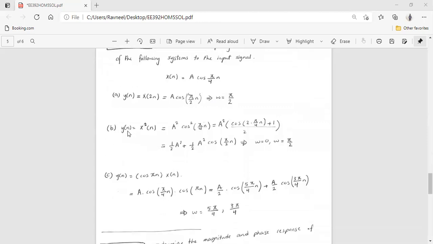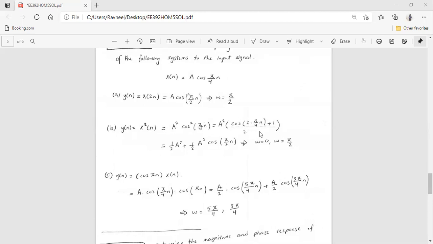For B, y of n is equal to x squared of n. So basically we need to take x of n squared. We get something like this, and we can further simplify cos squared pi upon 4n using the double angle formula, right? So cos squared a is equal to (cos of 2a plus 1) upon 2.